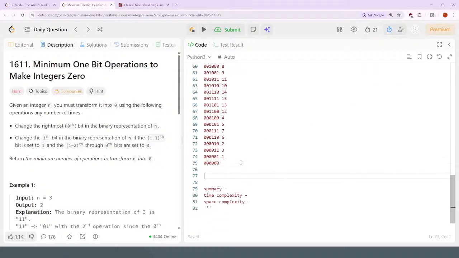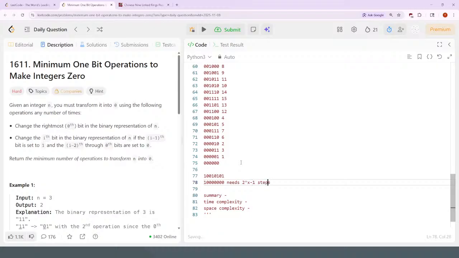Okay. So let's take an arbitrary one. Let's say it's 1, 0, 0, 1, 0, 1, 0, something like that. So I know that 1 followed by zeros needs 2 to some n power minus 1 steps.